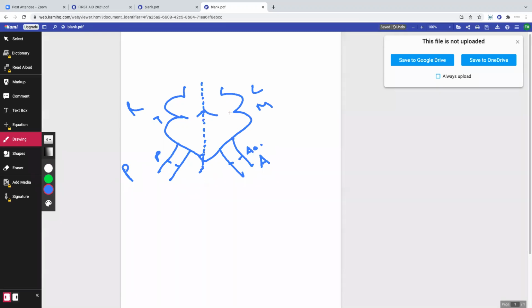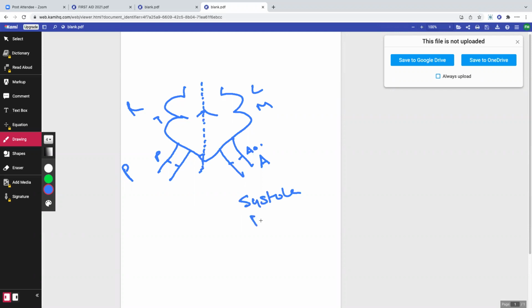Now let's talk about the first one, mitral and tricuspid valve. The changes in this portion with the sound and everything are going to be the same. Why am I talking about it? Because there are basically two functions of the heart: contraction and relaxation.